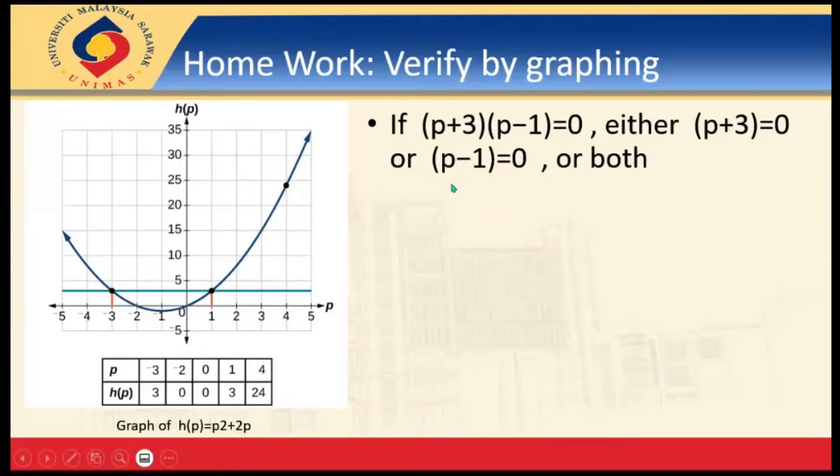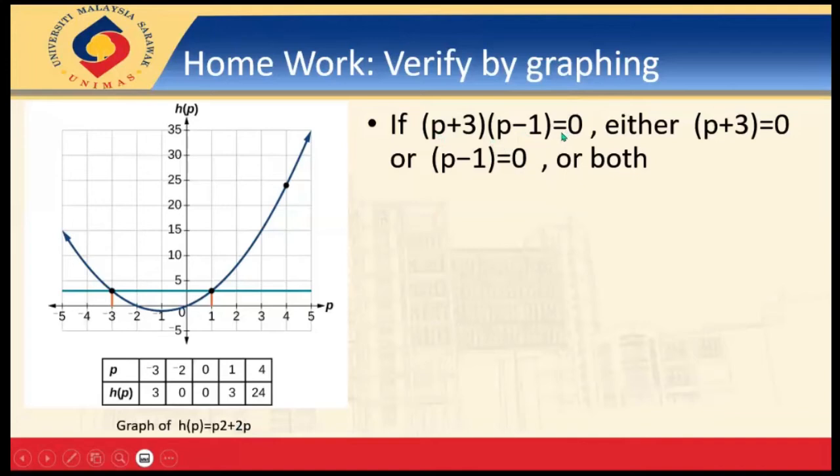So we will do it like this. You see, at negative 3 the output is also 3, and at positive 1 it is also 3. If we put the whole equation equal to 0, then it will be like this: p plus 3 into p minus 1 equal to 0.